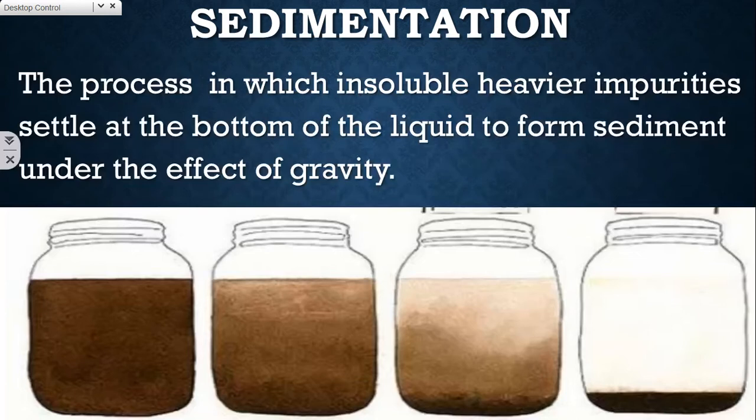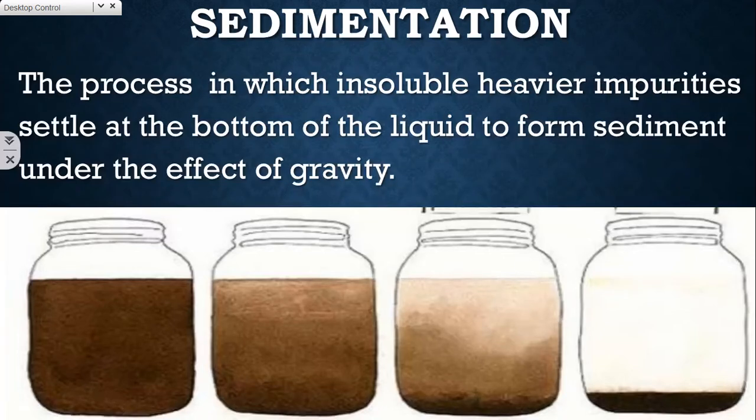So when a solid and liquid mixture is there, the solid components are heavy in weight and get settled at the bottom due to gravity. This method is known as sedimentation, and the heavier particles settled at the bottom are known as sediment, and the upper liquid part is known as supernatant. The sedimentation technique is commonly used to purify water.